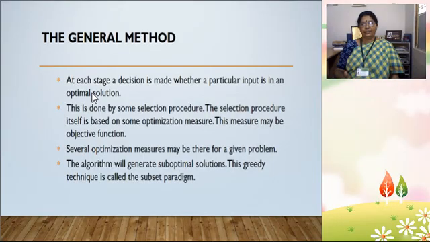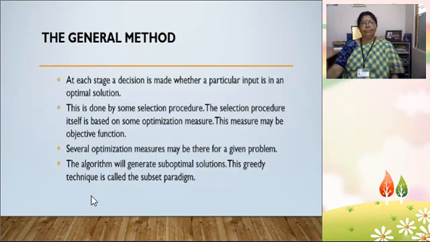Based on the optimizing function of the given problem, the inputs are chosen one at a time. After selecting the input, the algorithm decides whether it can be added to the solution. The decision is made based on the constraints. There may be more than one optimization measure for a given problem, so the algorithm may generate suboptimal solutions.